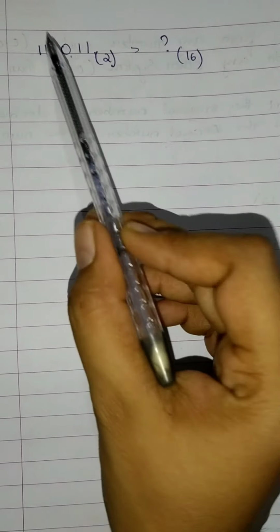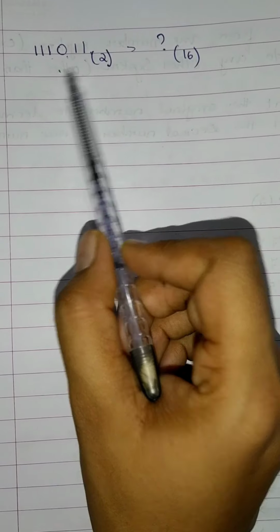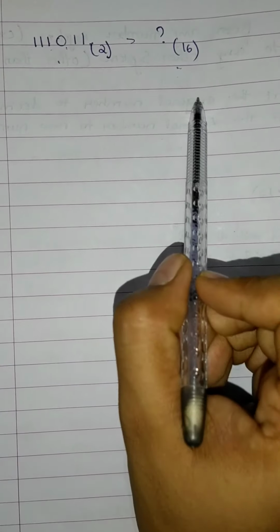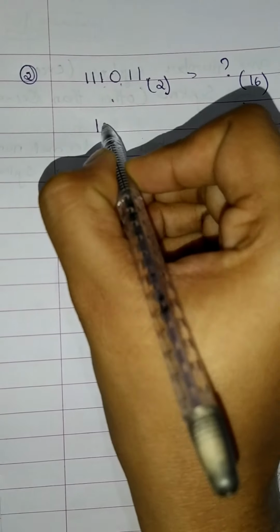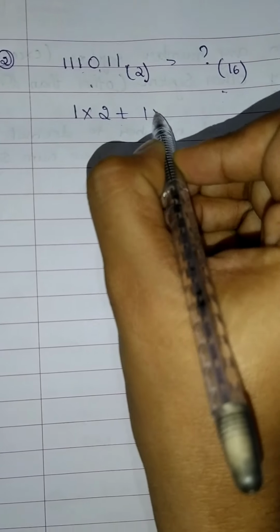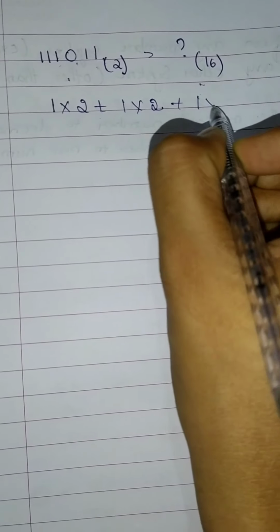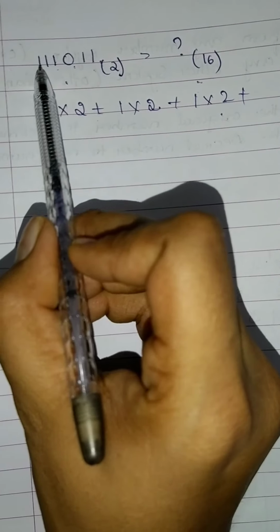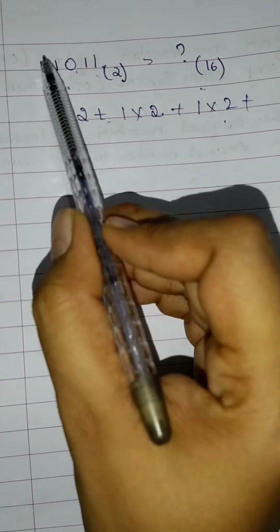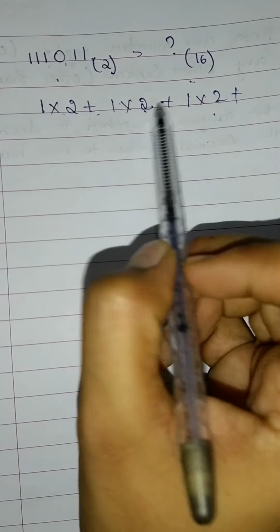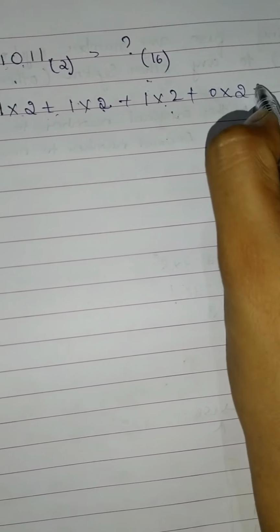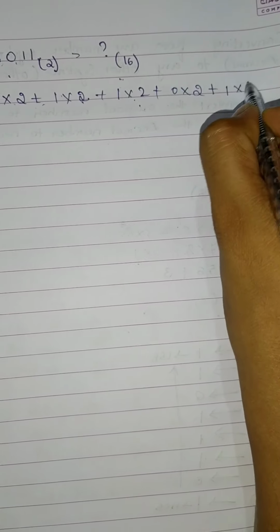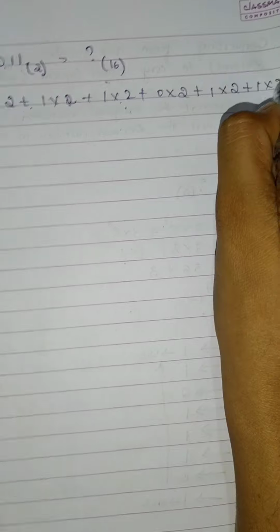Okay, what is the first step? First we need to convert the given binary number into decimal. Converting any number system into decimal means we need to multiply. So 1 into 2 plus 1 into 2 plus 1 into 2 plus 0 into 2 plus 1 into 2 plus 1 into 2.